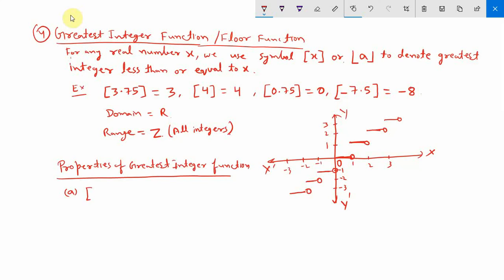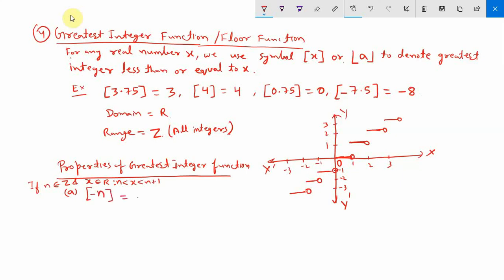So first we write the consideration. If n is an integer, n is an element of Z, and x is a real number, x is an element of R, such that x is between n and n plus 1, such that x is greater than n and less than n plus 1. Okay, so the different properties will be as below.